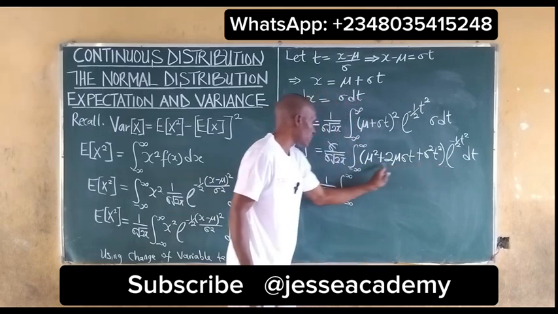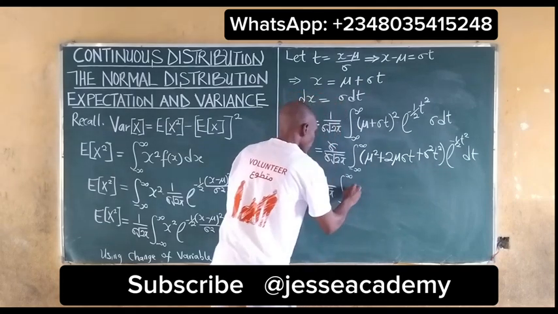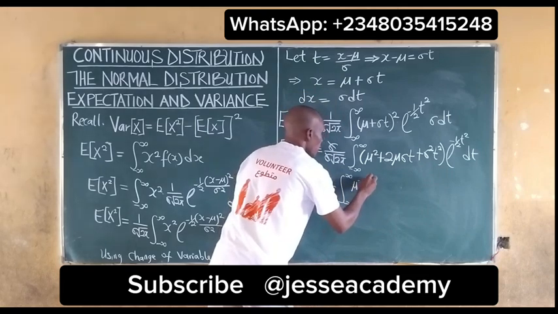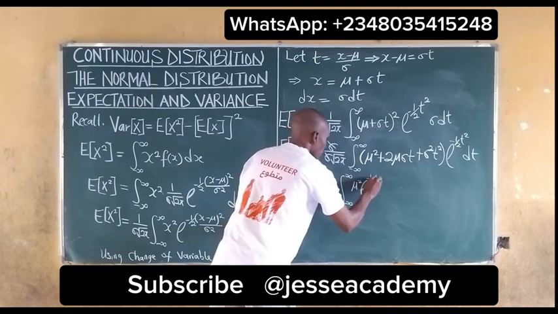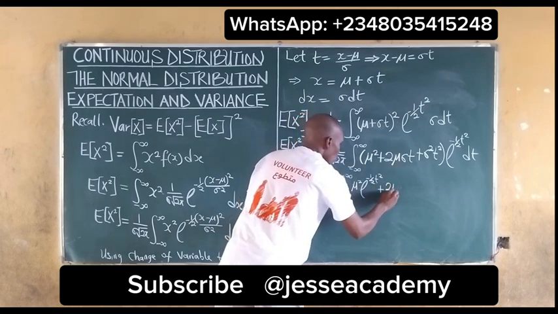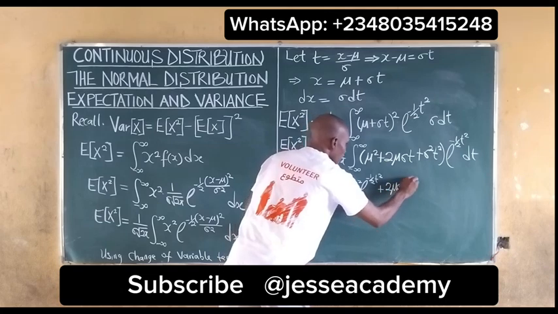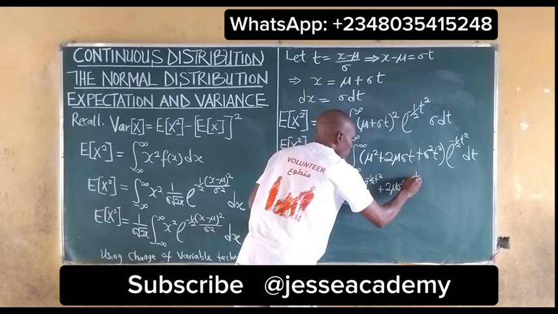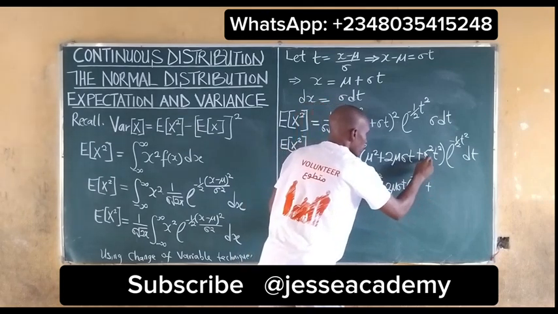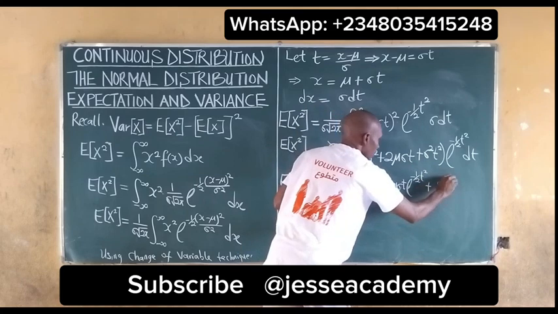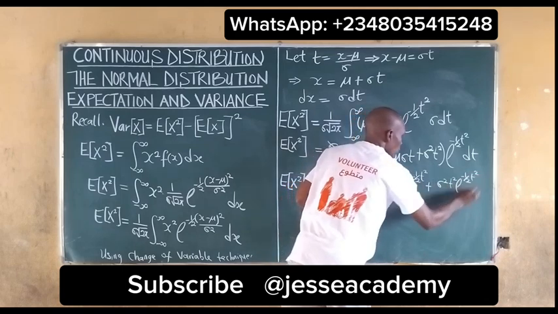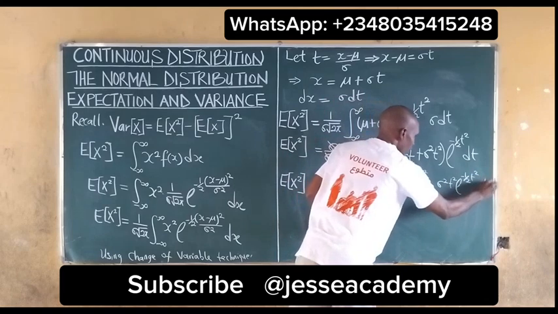Now we can multiply this by everything here to give us mu squared exponential negative 1 all over 2 t squared plus 2 mu sigma t exponential negative 1 all over 2 t squared plus sigma squared t squared exponential negative 1 all over 2 t squared, then dt.